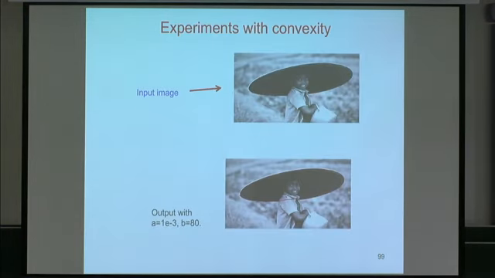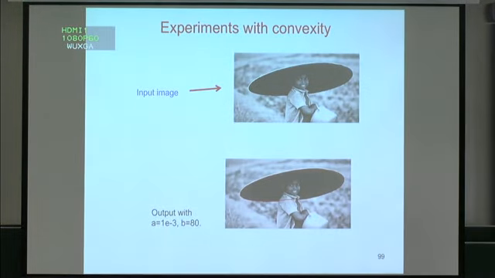Here is the input image. You want to get the head, and this part is occluded. If you take the ratio big enough, you will get a single convex region.